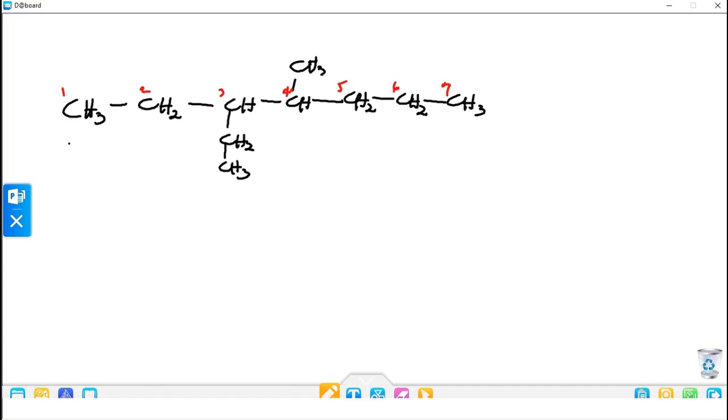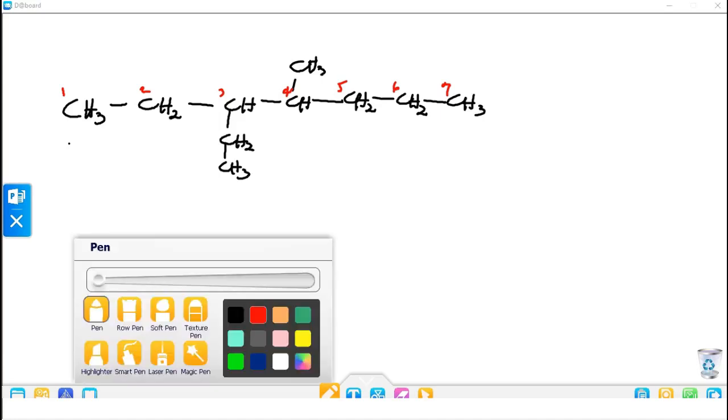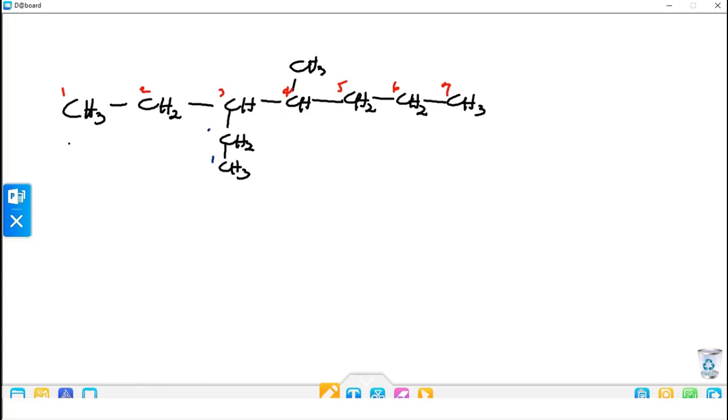So it means the straight chain can be our parent chain. Some other person may also choose to say, I want my chain to be from here 1, 2, 3, 4, 5, 6, and 7. So whichever direction we choose to go to getting our parent chain, there is no problem.